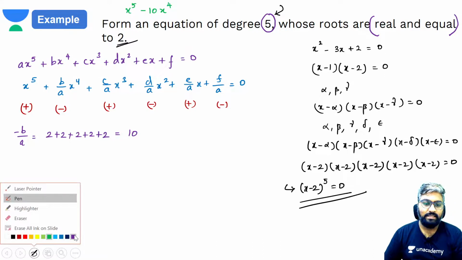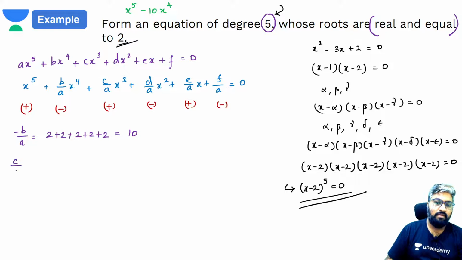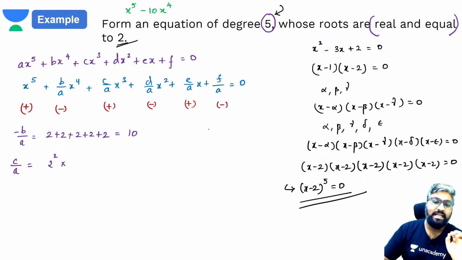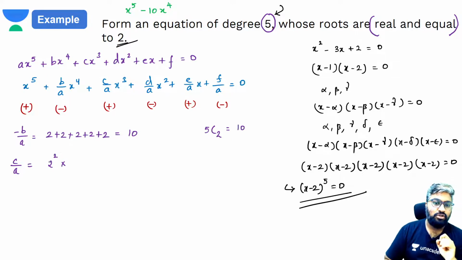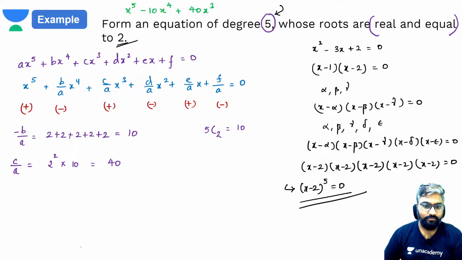Next, what will be the next term? C by a will be equal to the roots taken 2 at a time, that means 2 square, into how many terms will we have? Do you remember we did this? 5c2. What is 5c2, guys? 5 into 4 by 2, that is 10. So 2 square into 10, which is how much? 4 into 10, 40. So c by a is plus 40x cube.